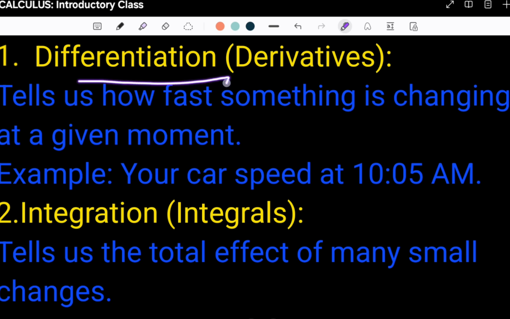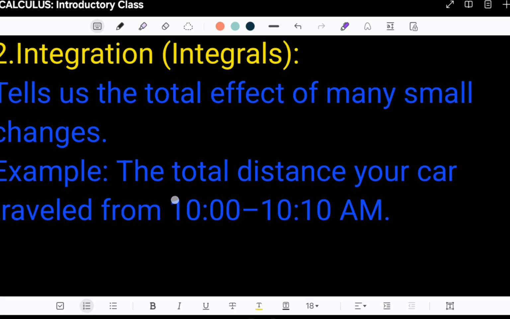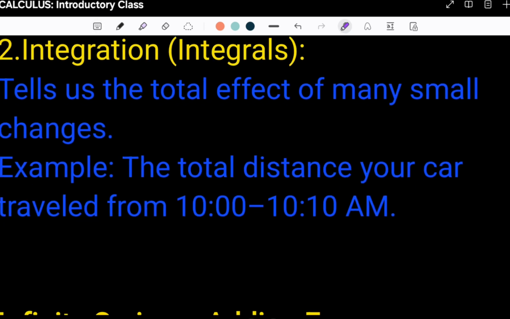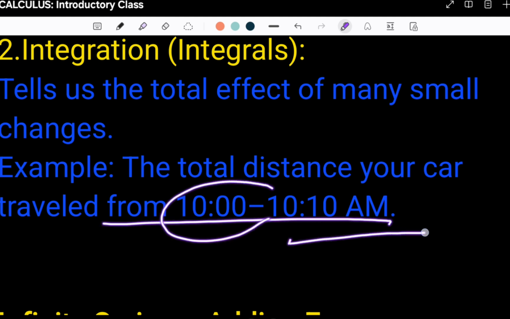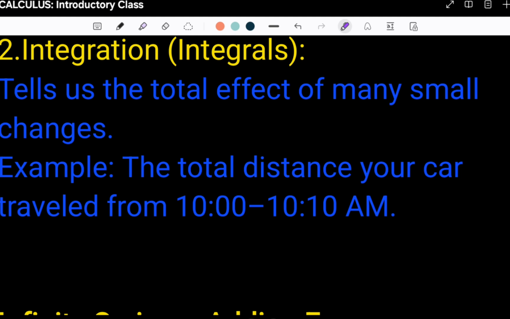That is differentiation. But integration tells us the result in total, that is the total distance your car traveled over a period, for example from 10 to 10:05 am.